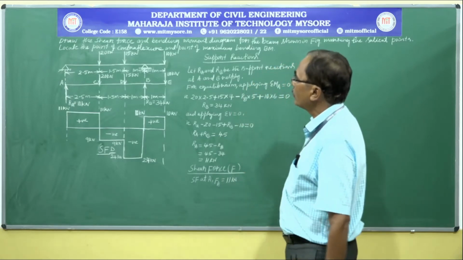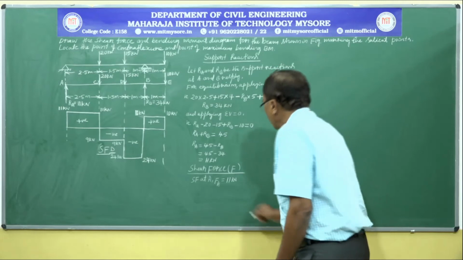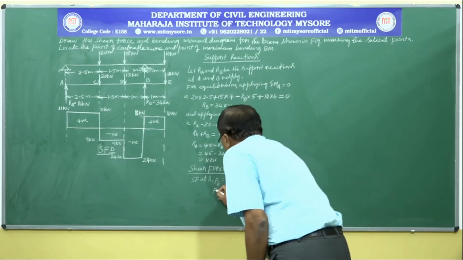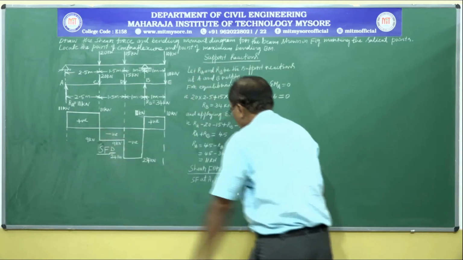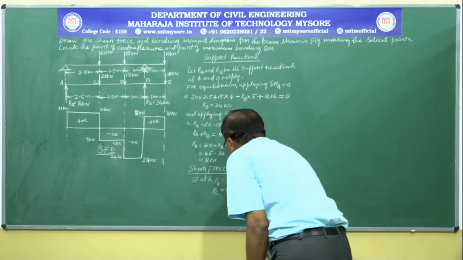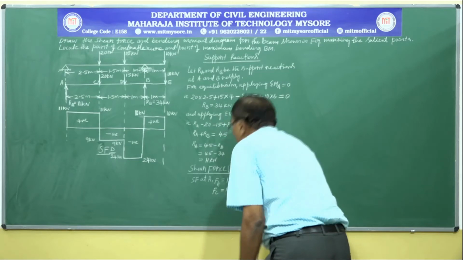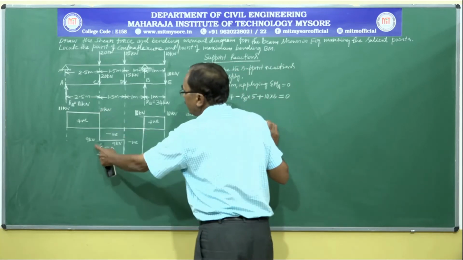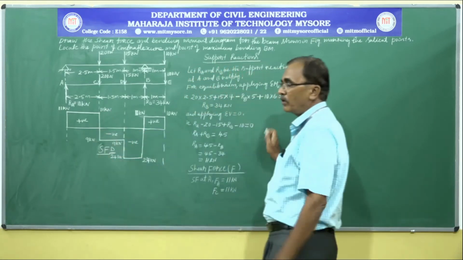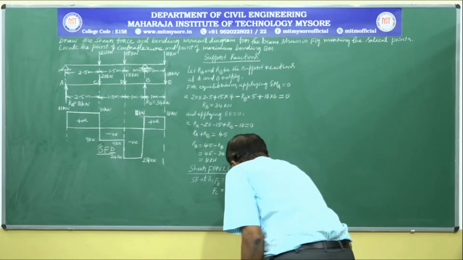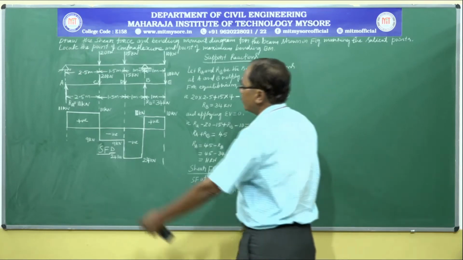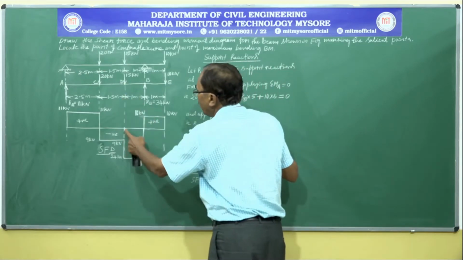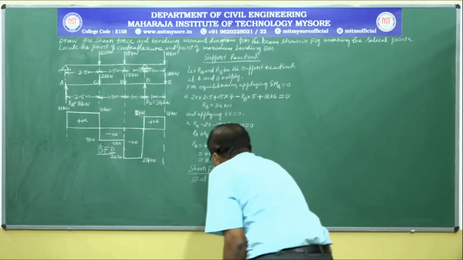Next, shear force at C, FC, 11 kilonewton above the reference line, and another value is there, it is 9 kilonewton below the reference line, 11 kilonewton and minus 9 kilonewton. Next, shear force at point D, FD.